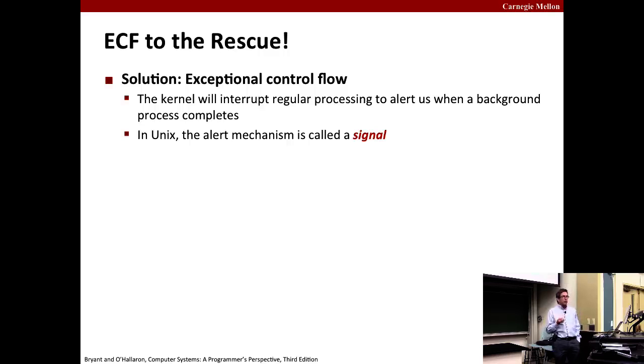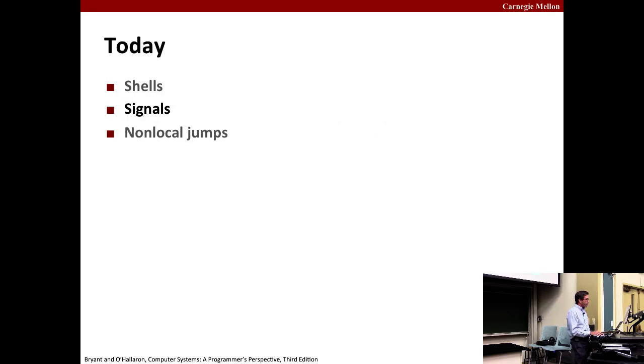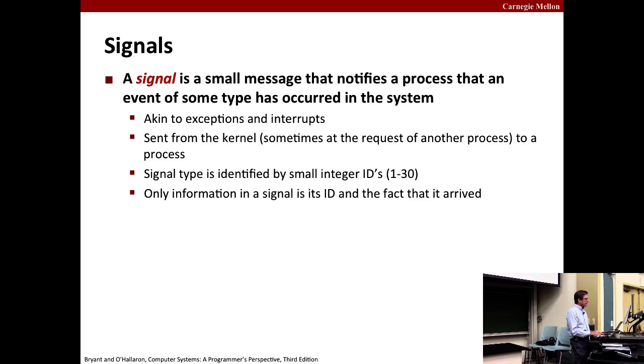Okay? And this notification mechanism that the kernel uses is something called a signal. So a signal is a small message that the kernel delivers to a process to notify it that there's been some event in the system.